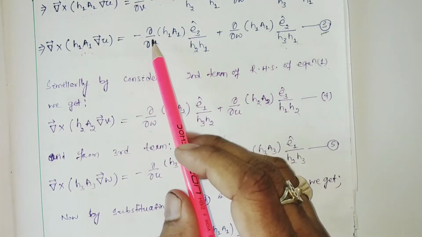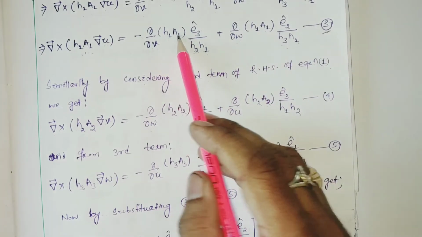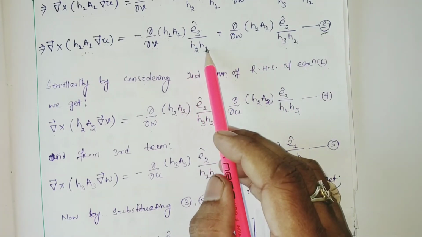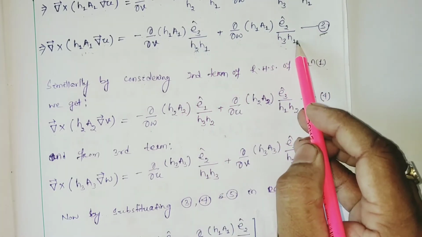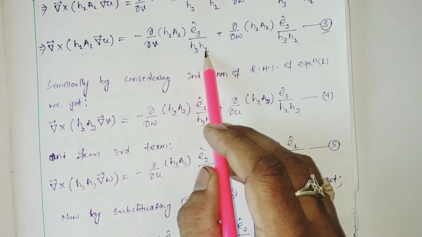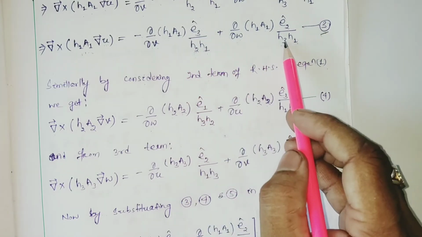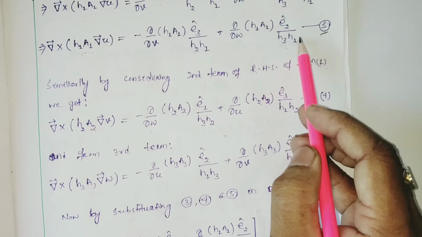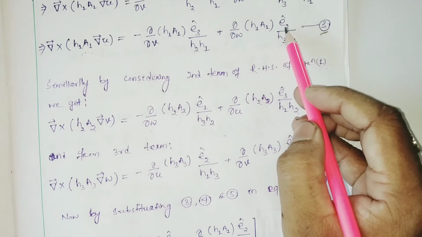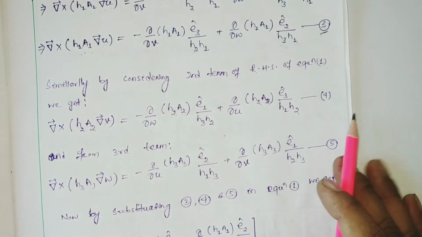Next, here del by del V, so it will be del by del W, and H1 A1 will be constant, H1 A1, and here H2 H1, then H3 H1. Here U is there means H2 H1 in the first term, in the second term it will be H3 H1, and here 3 1 means in the numerator we have to write E2 cap, here 2 1 E3 cap, here 3 1 E2 cap.